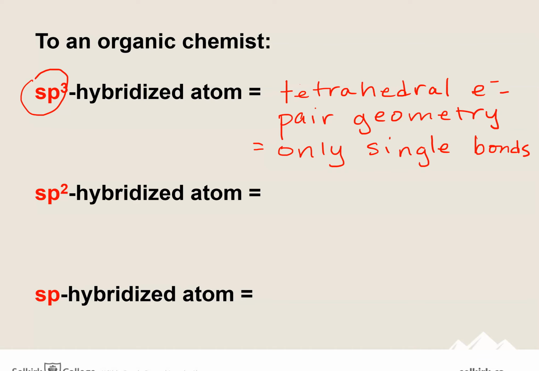Okay, sp2 hybridized. You're going to anticipate this. How many orbitals did I have to blend to make sp2 hybrids? So what's the geometry? I blended 3 orbitals, which means I have 3 electron pair domains, which means it's a trigonal planar electron pair geometry. That's what it means. That's all that it means.